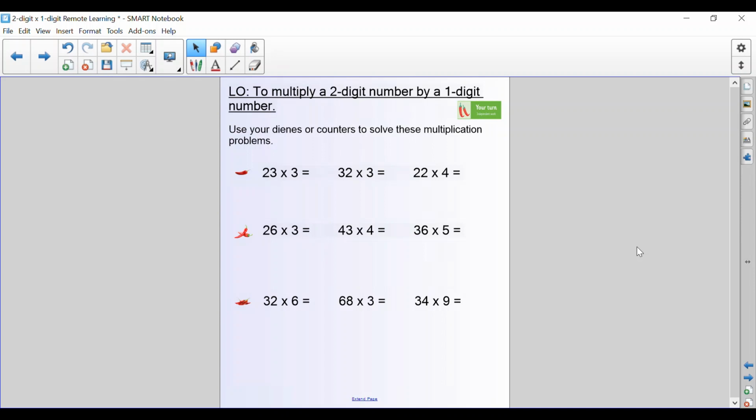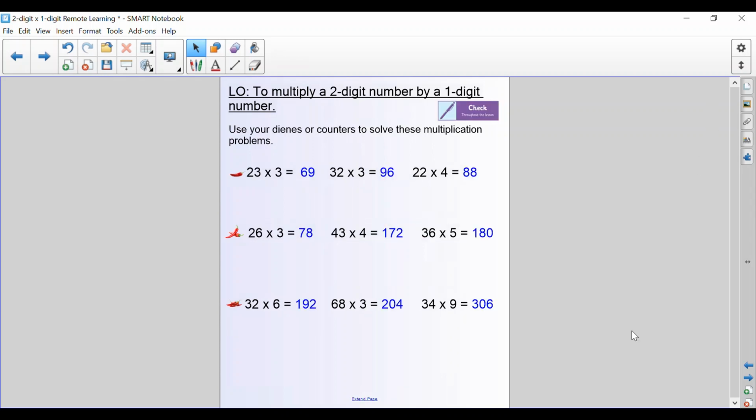Pause the video now and have a go. Now's the time for you to check your answers. So on the board now are answers for you to check. However, if you didn't quite get them right, that's absolutely fine. Why don't you have a go at making the numbers again and seeing where you went wrong? If you got them right, well done.